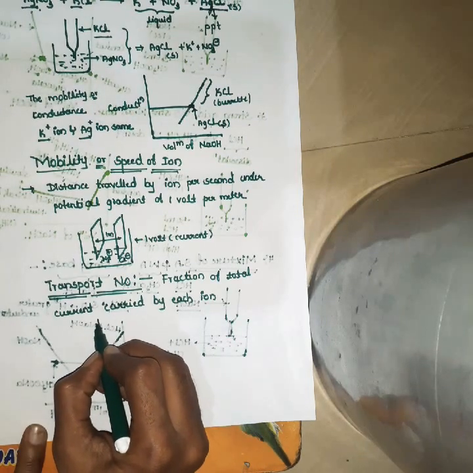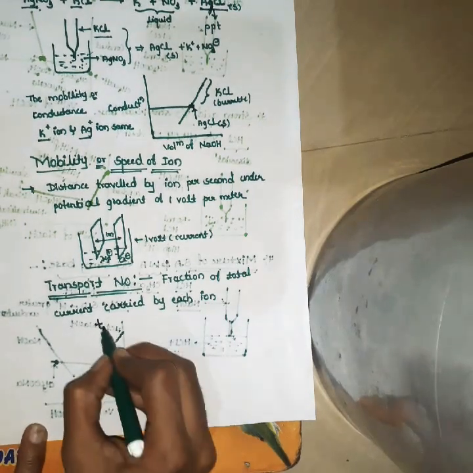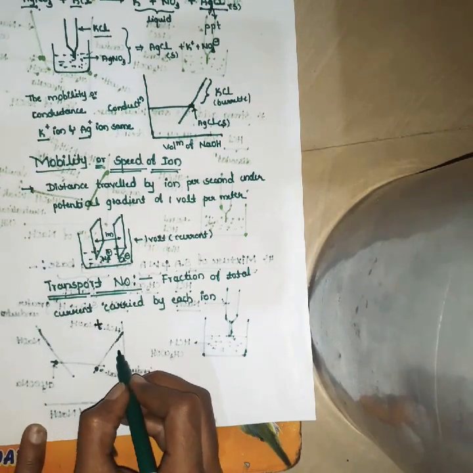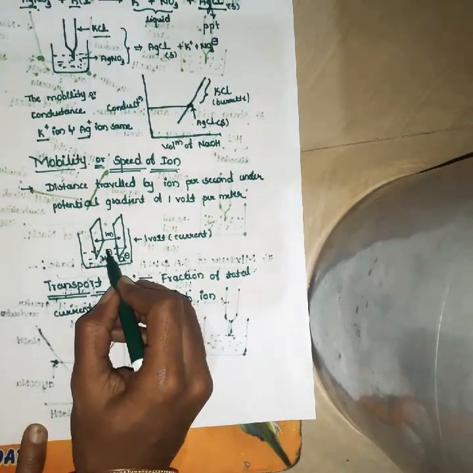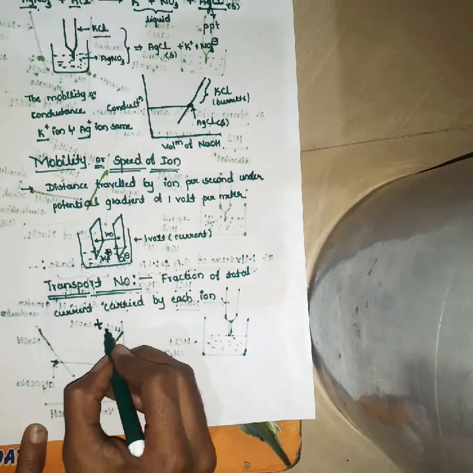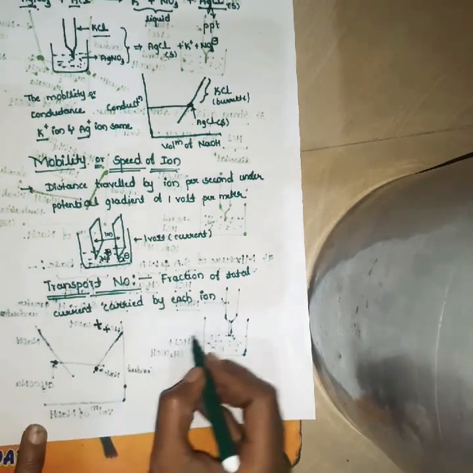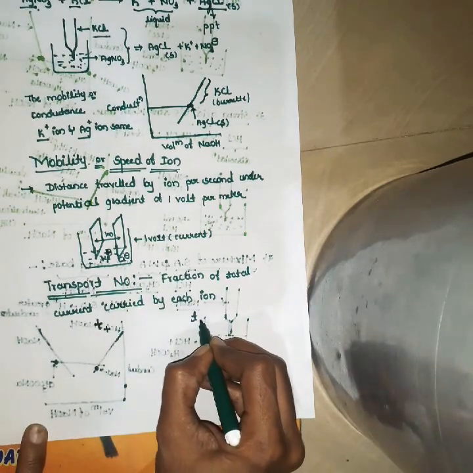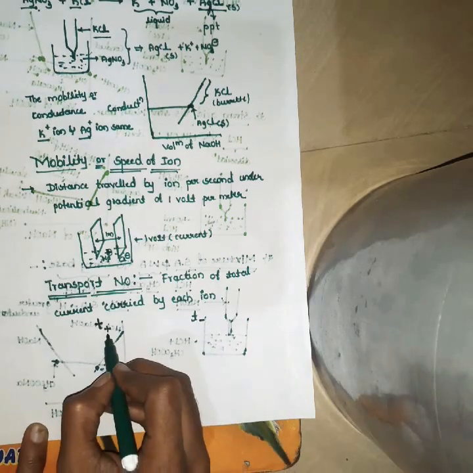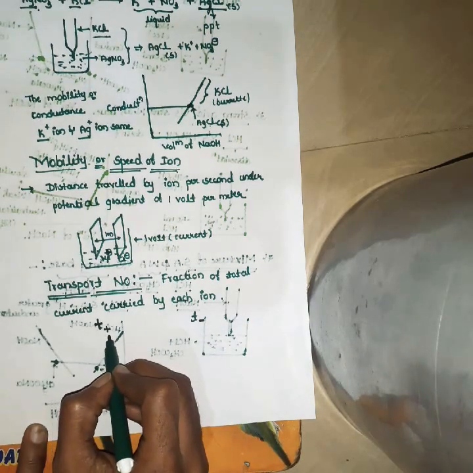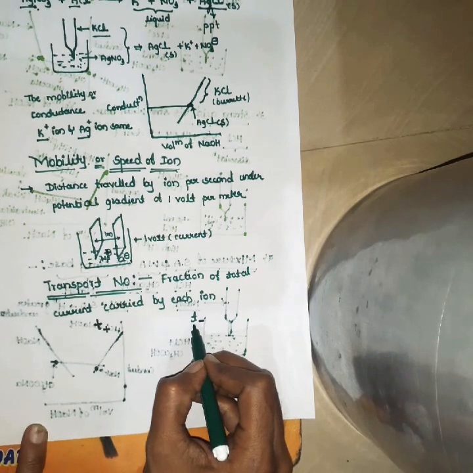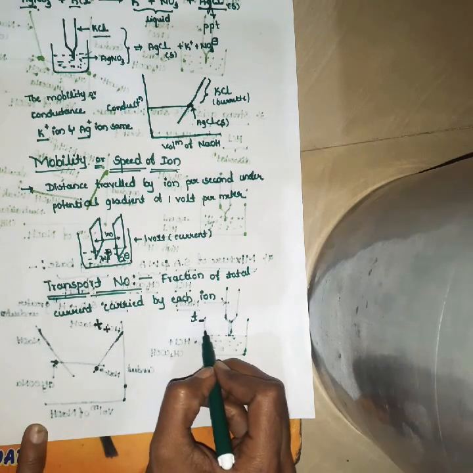It is denoted by T. For a cation it is given by T plus, and for an anion it is given by T minus.